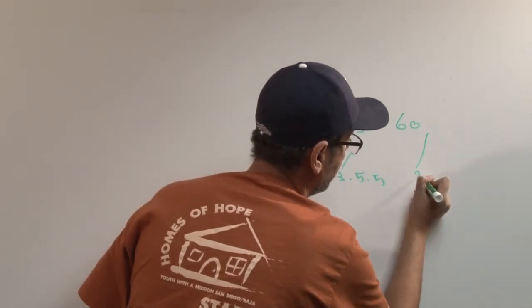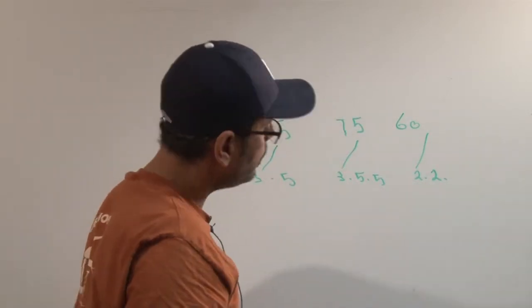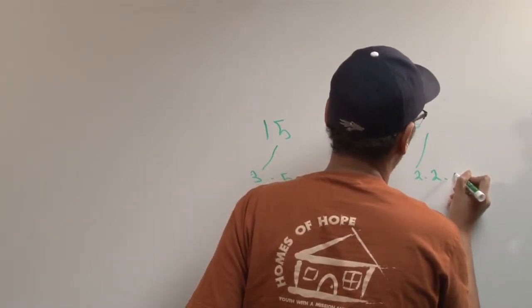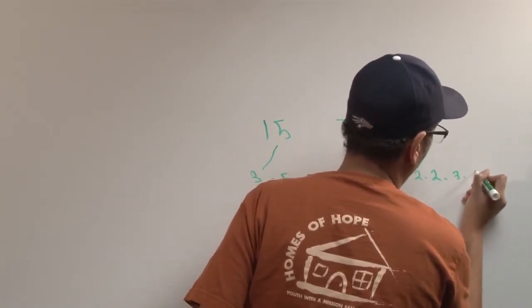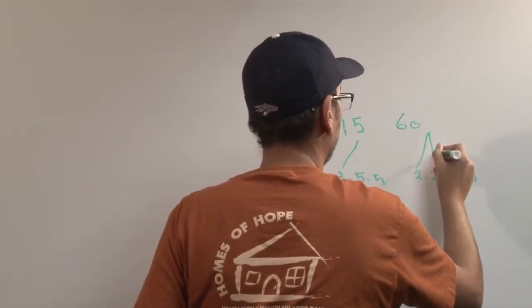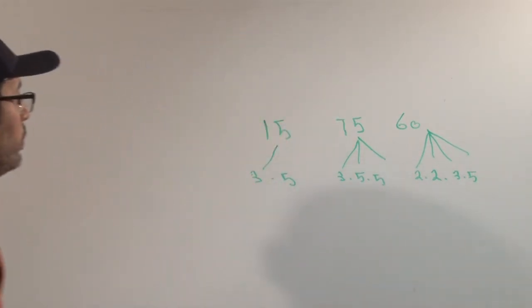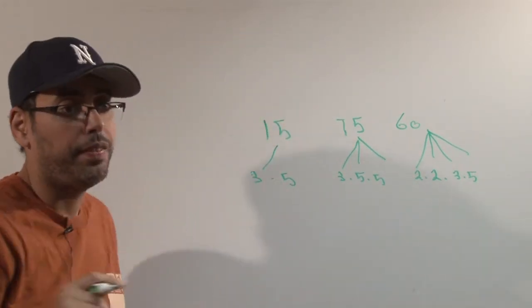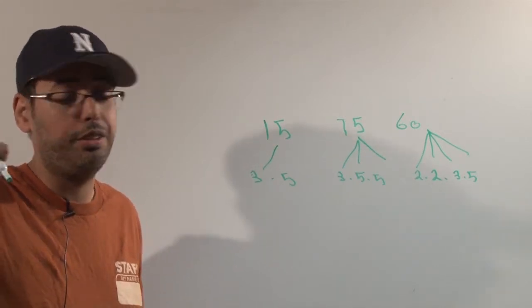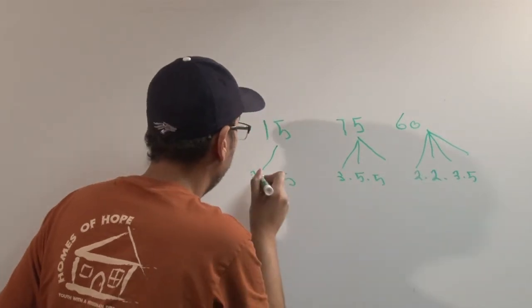What's 60? 2 times 2 times 3 times 5. Let's get first the prime factor that is common: 3, 3, and 3.